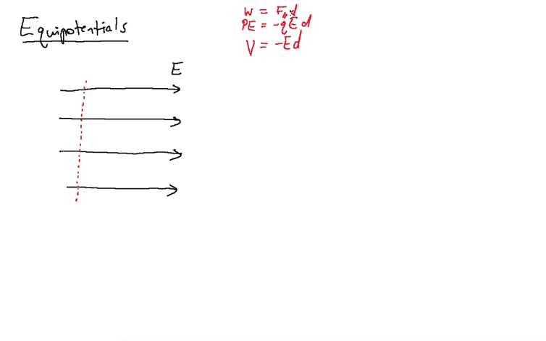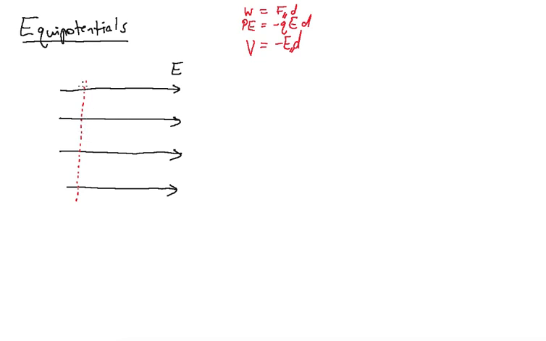So E has to be parallel to D, which means only movement parallel to D changes our potential energy or voltage. So moving perpendicular to E stays at a constant voltage.